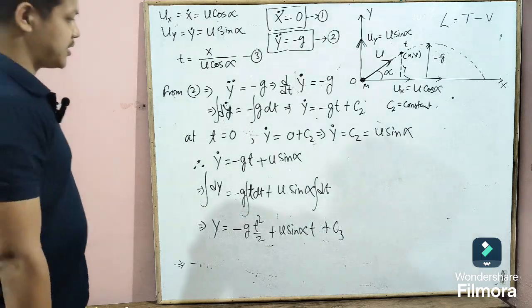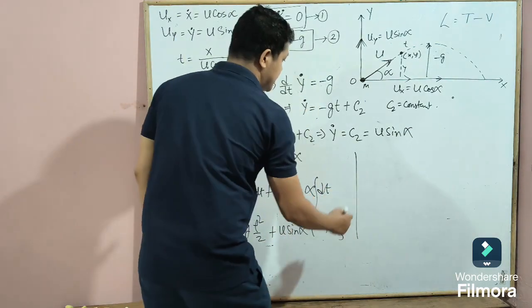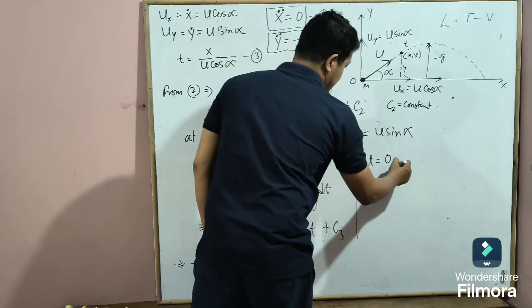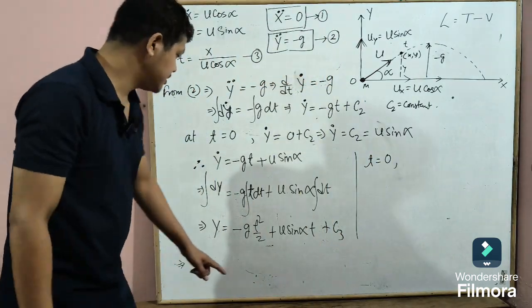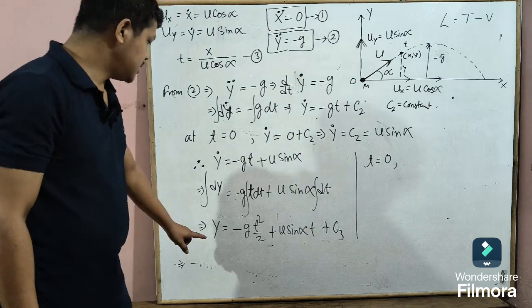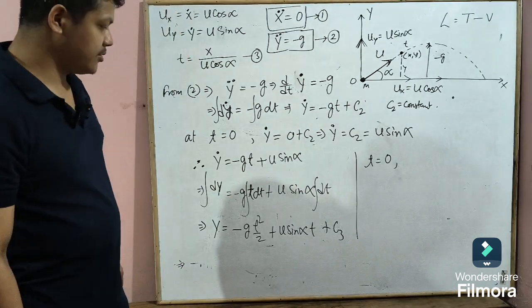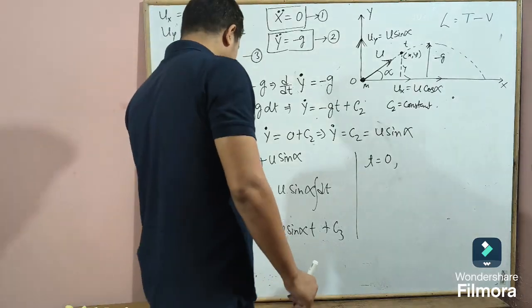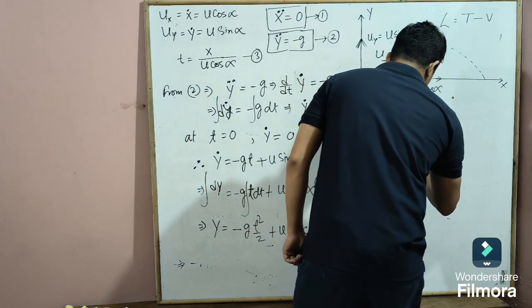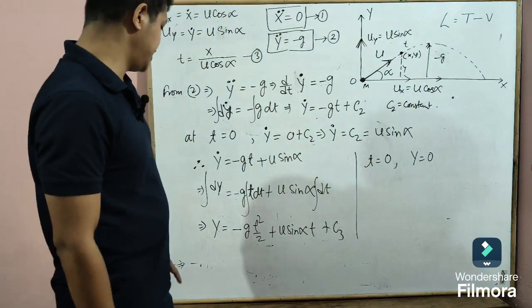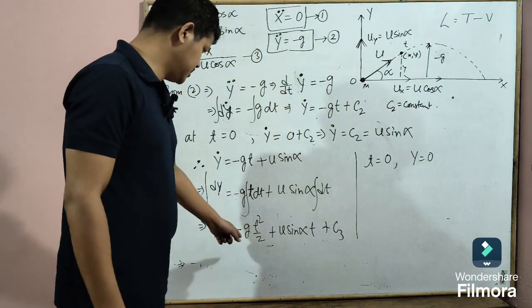Okay, so now you see, if you put t equal to 0, then these two terms are going to be 0, and y is also going to be 0, right?